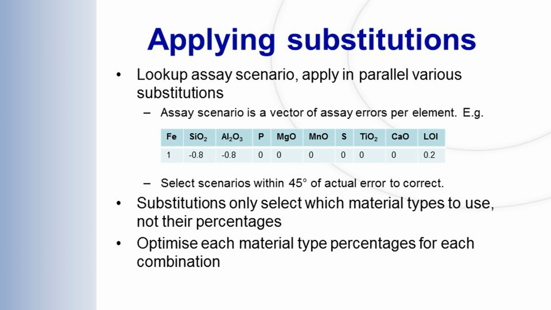We find all of the rules within 45 degrees of the assay error that we're trying to correct. This sounds like it's going to create a lot of rules, but in practice, it's pretty quick because you can throw away a lot of rules that involve material types that you don't currently have in your logged composition.